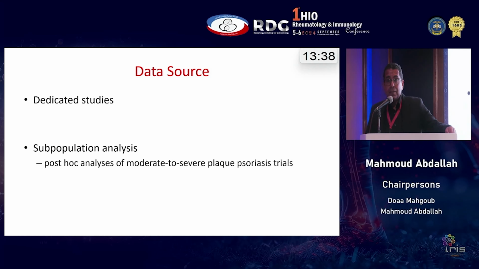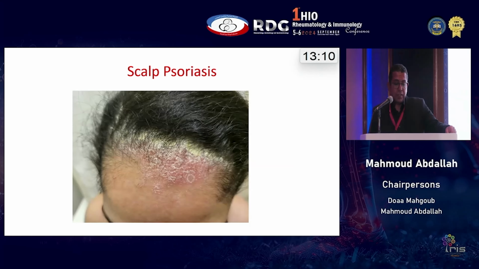When we look at treatment success, we can either follow dedicated studies, which are only dedicated to the areas involved, or subpopulation analysis, in which we look at a post hoc analysis of moderate to severe plaque psoriasis trials. Usually dedicated studies are more accurate in assessing the efficacy of drugs because they have better selection criteria.